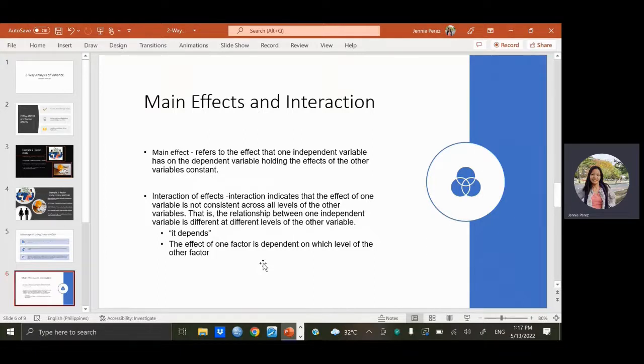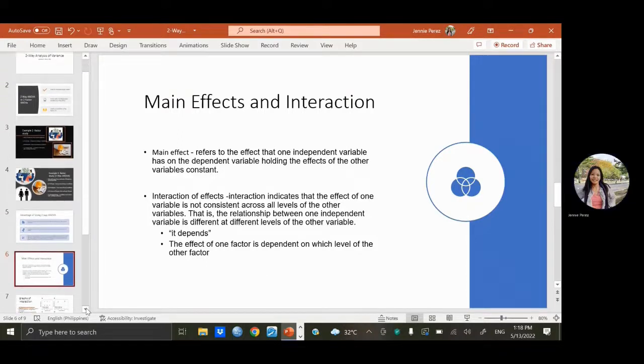So education has effect on voting behavior depending on the gender of the voter. So that is an example of interaction of effect.